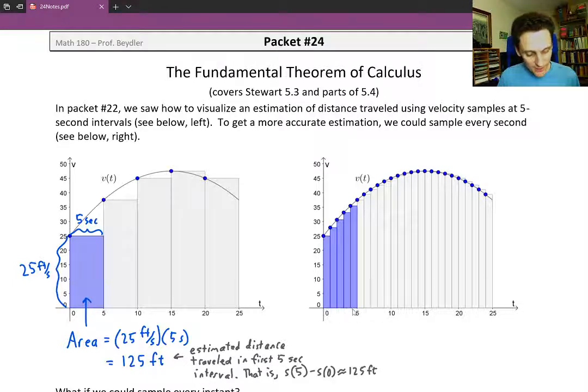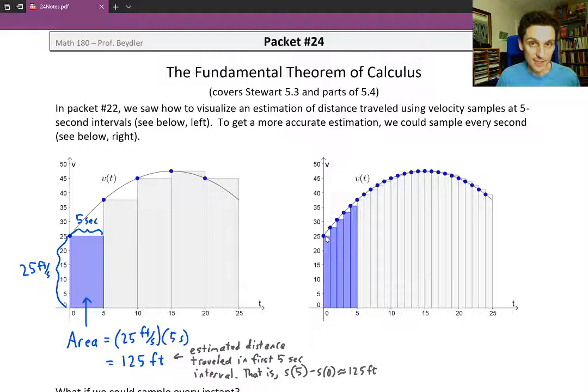So it's taking that first 5-second subinterval, breaking it up into 1 second subintervals, and so for each of these, we're going to get a velocity reading. That's what these extra dots are here on that first 5-second interval. And what we can do is use, for example, at t equals 0, the 25 feet per second.